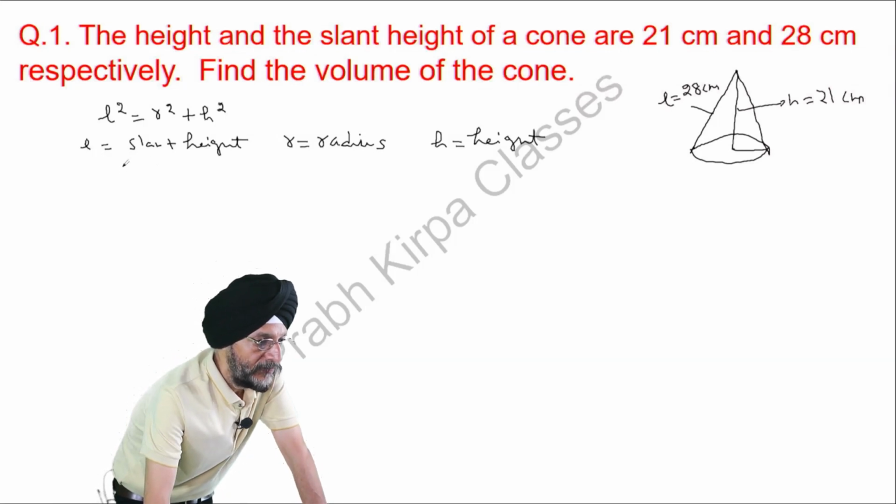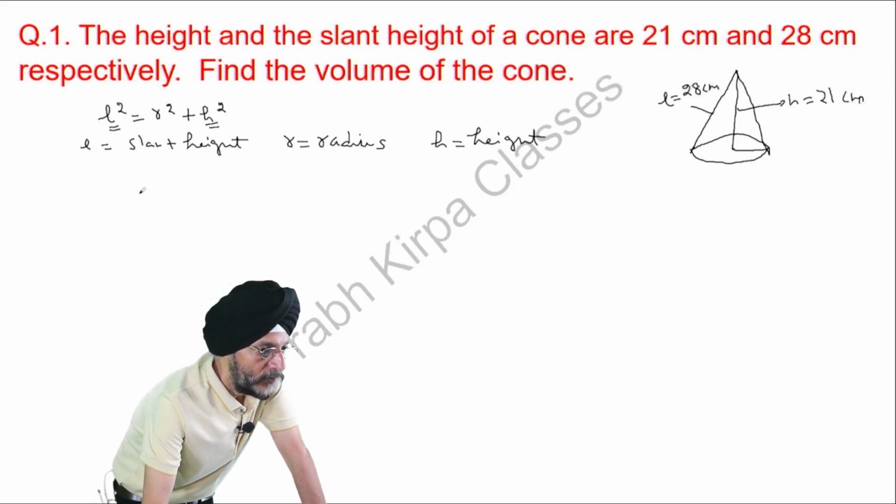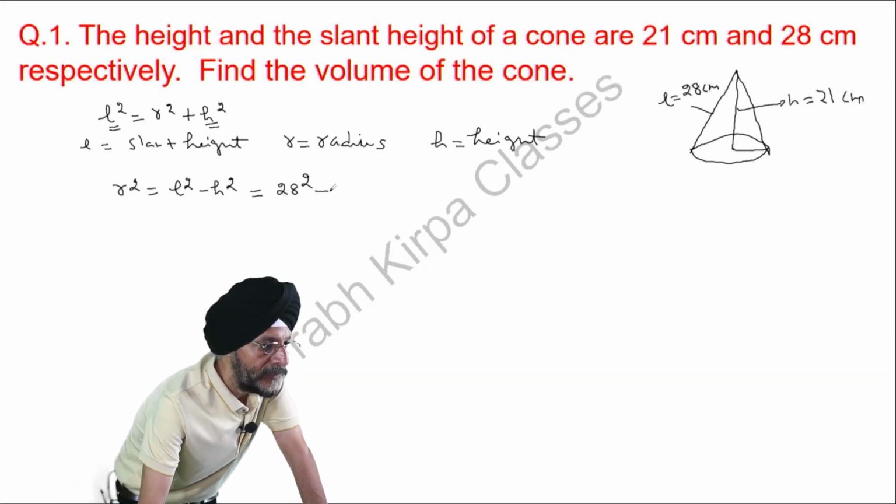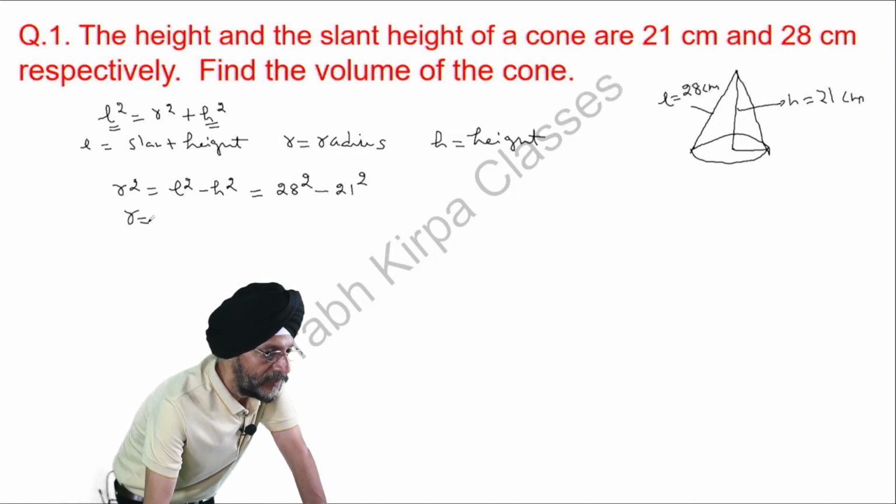So here we have been given slant height and height, so we can find out the value of R. R square is equal to L square minus H square. We will fill in the values. It comes L square is, L is 28 square minus height 21 square. In other words, R is equal to under root 28 square minus 21 square.